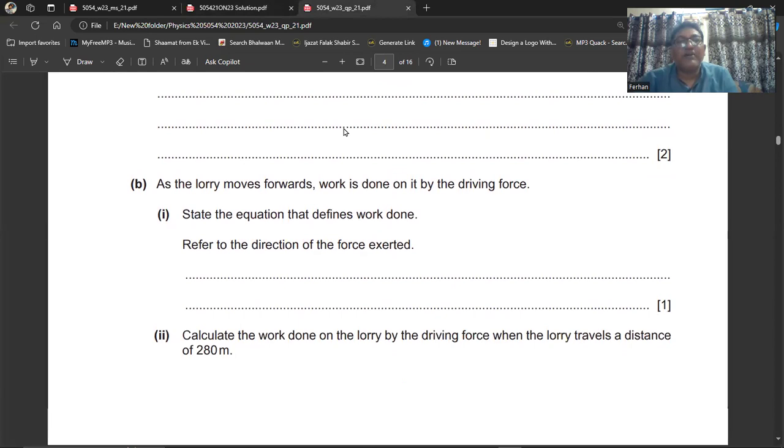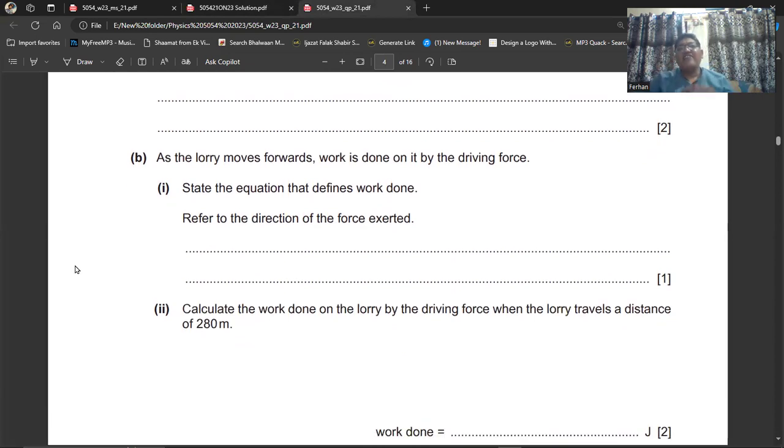Question number two, B part. As the lorry moves forwards, work is done on it by the driving force. State the equation that defines work done. Refer to the direction of the force exerted. Work done is the product of the force and the distance moved in the direction of the force.